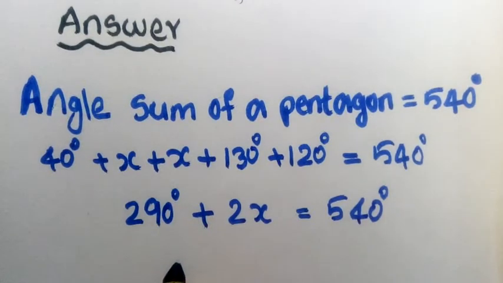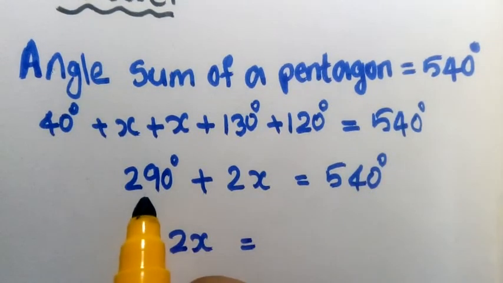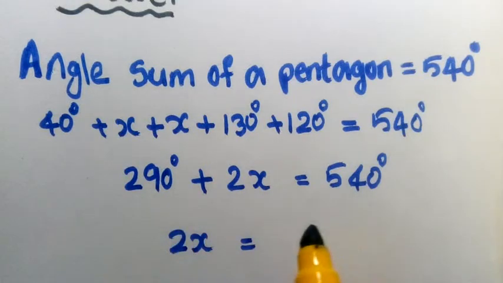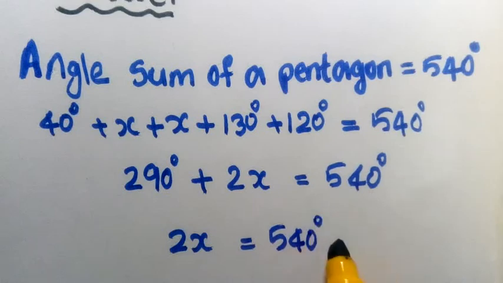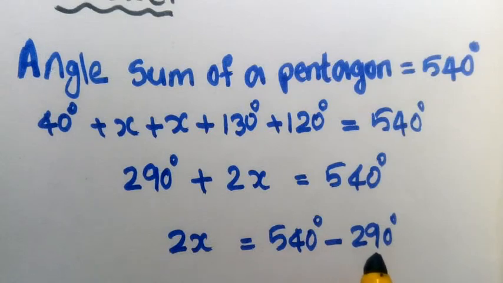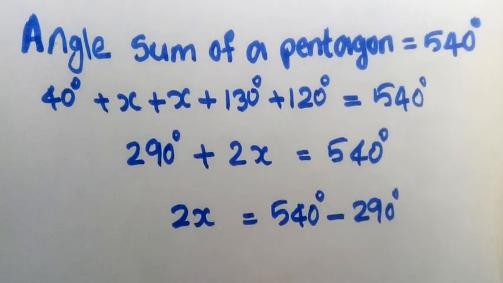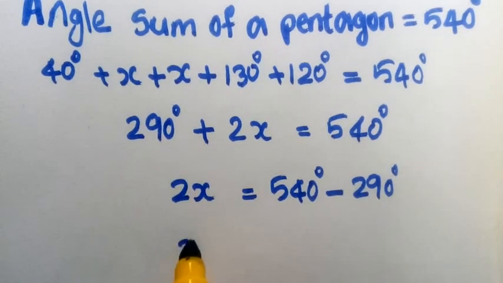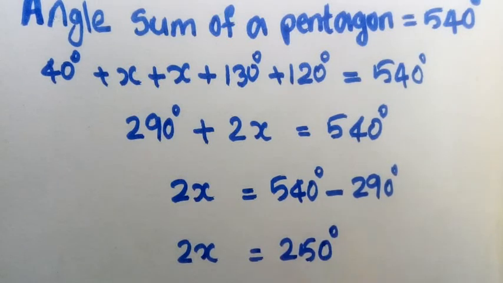Next step, 2x is equal to, we are transposing 290 degree to the RHS. So 2x is equal to 540 degree minus 290 degree. What is 540 minus 290? Yes, it is 250 degree. So 2x is equal to 250 degree.